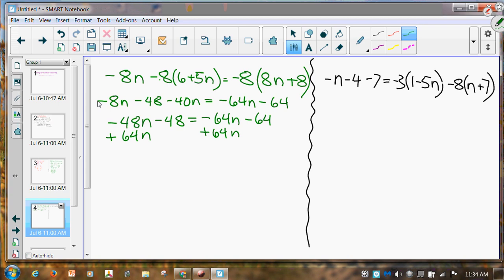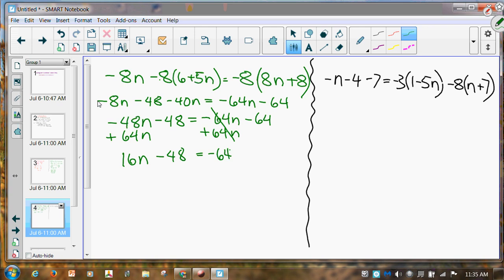I'm going to start doing a little bit of shorthand here rather than doing all the individual steps, but you understand what we're doing. Those two will cancel out, right? 64n minus 48n leaves me with positive 16n minus 48 equals minus 64.